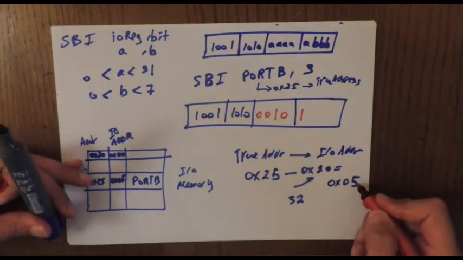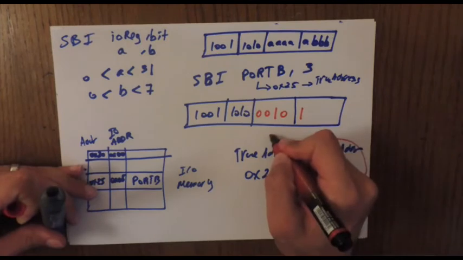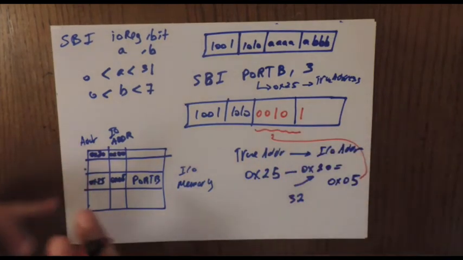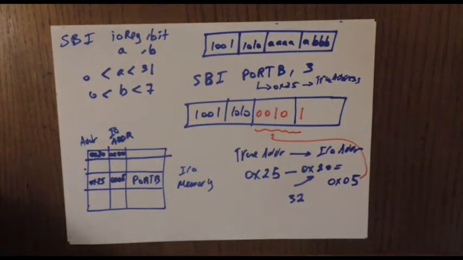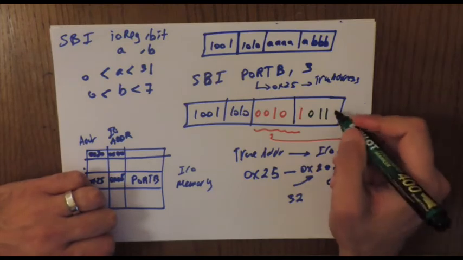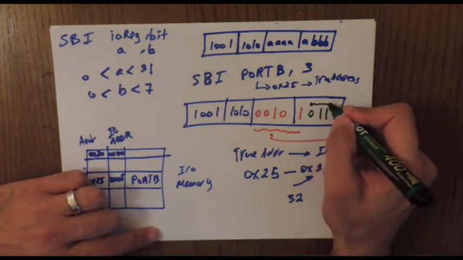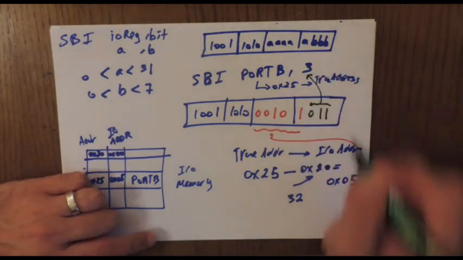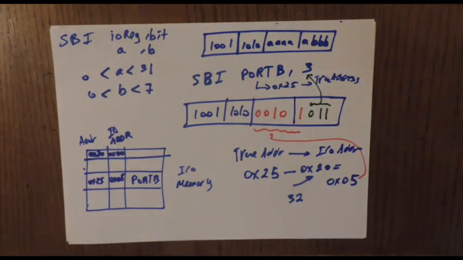So this is the 5 that is placed here, and then we're gonna place the number of bits. So here we want bit 3, so this will be 0, 1, 1, and this is the number of bits that we have.